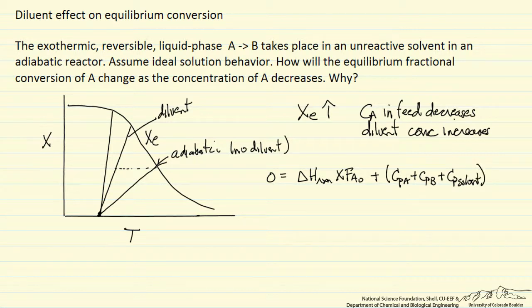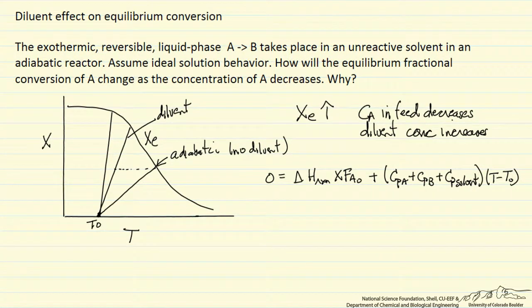And then the temperature minus the starting temperature, so T0 is here. And so we've written the energy balance. This is the heat of reaction, the conversion, the molar flow rate, moles per time into the reactor. Now the heat capacities of each of the species, and then the temperature difference between, say, the inlet and the outlet.